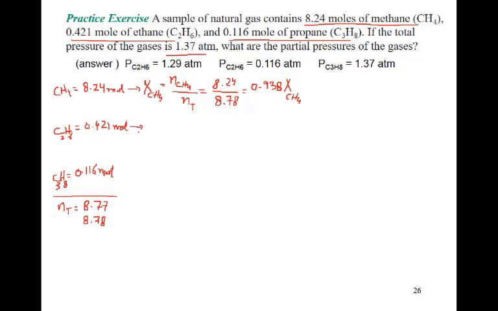Similarly, we change the moles of ethane to the mole fraction of C2H6.